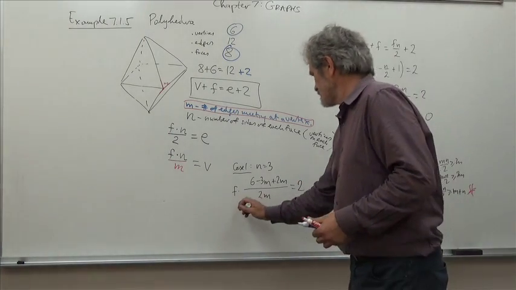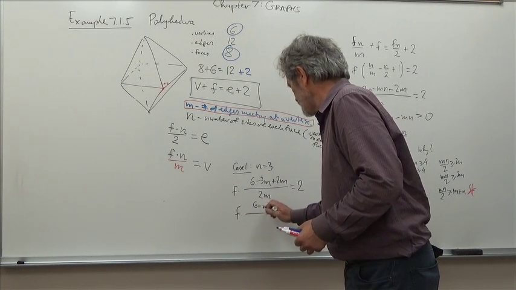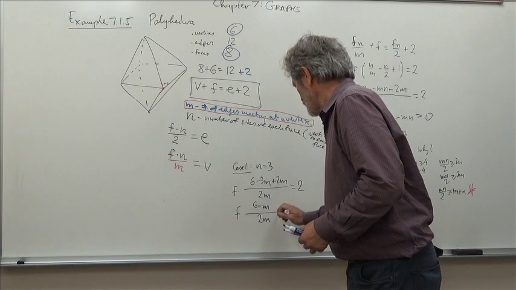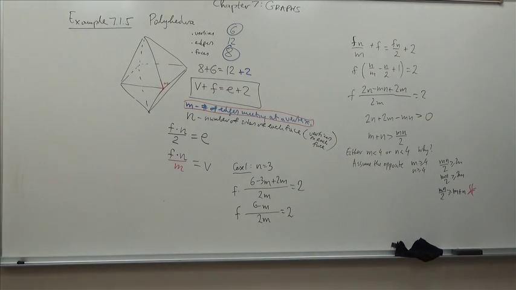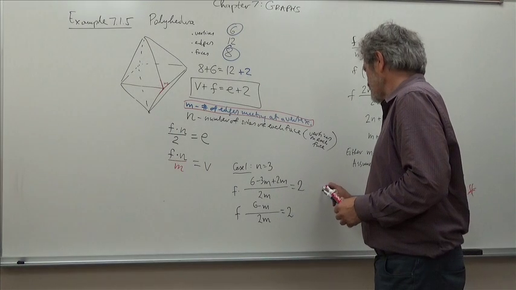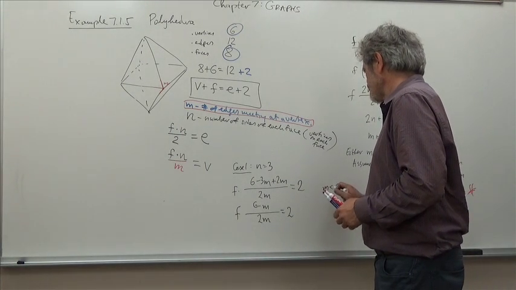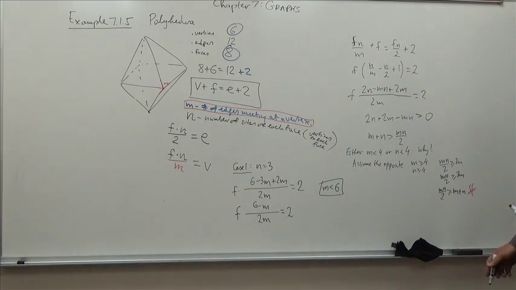So we'll get F times 6 minus m over 2m equals 2. So what is that telling us? It's telling us first that m must be less than 6, because I want this to be positive.